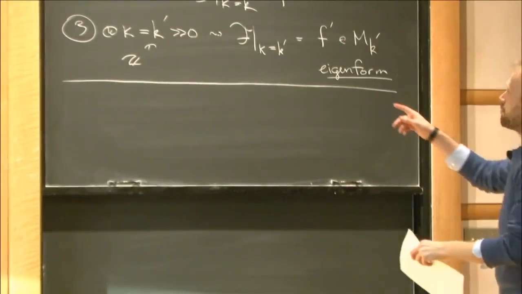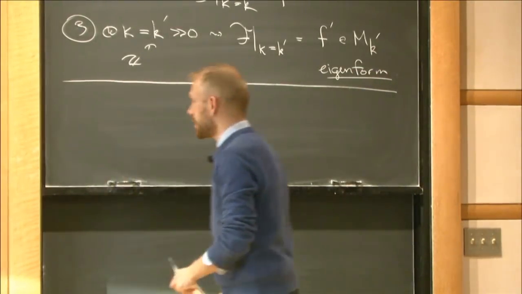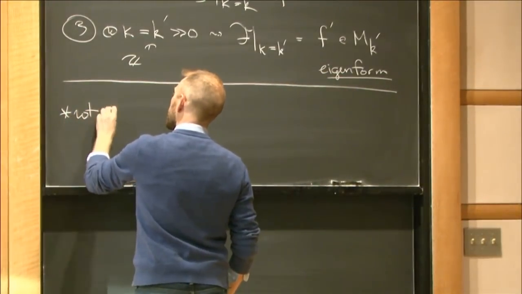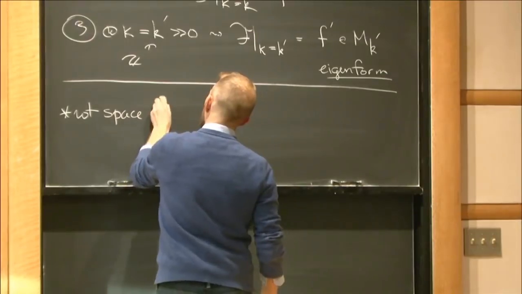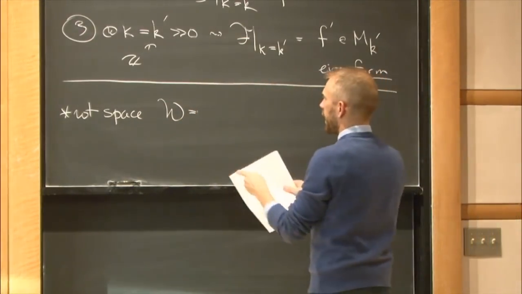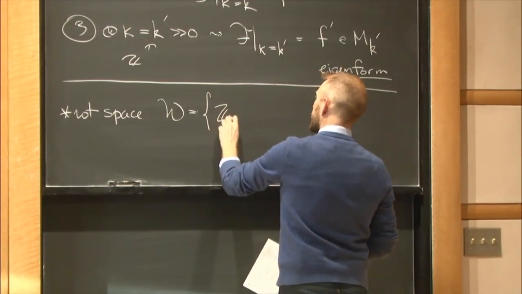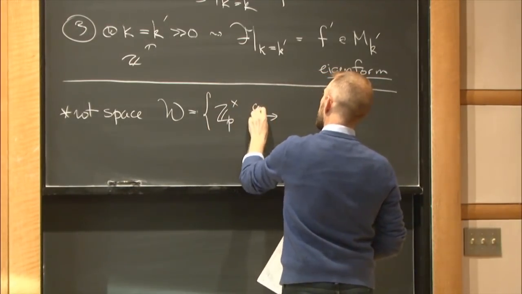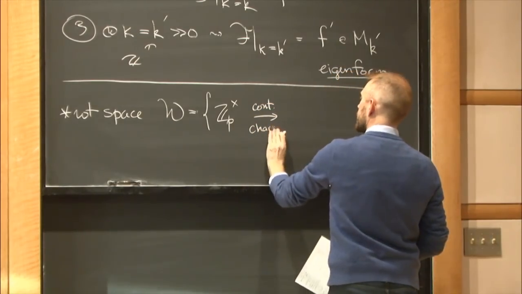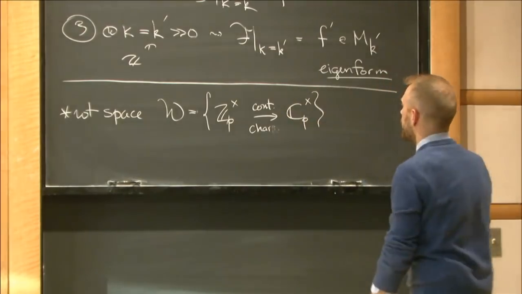I should be careful to explain what the p-adic weight space is, otherwise it might be hard to understand. So the weight space, I write W, and what it is, say the C_p points of it, are the continuous characters of Z_p cross.